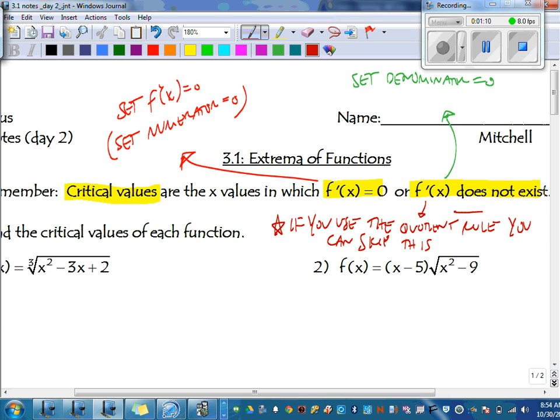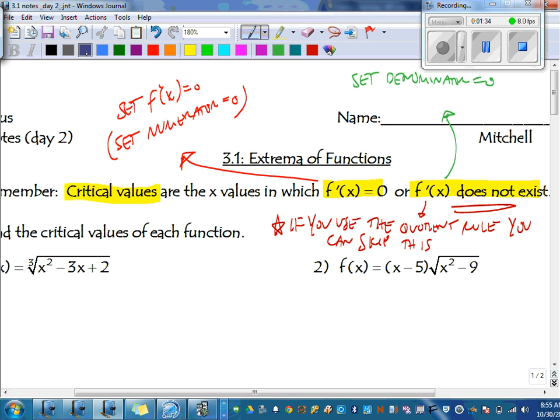Right, so this one, setting the denominator equal to 0. If you do the quotient rule, you don't have to do that because the denominator of the quotient rule is 0. That means the denominator of the original function will be 0 also, which means that x value is not going to be in the domain of f, and it can't be a critical value. All right, so you get kind of a free pass when you're using the quotient rule. You don't have to worry about that.